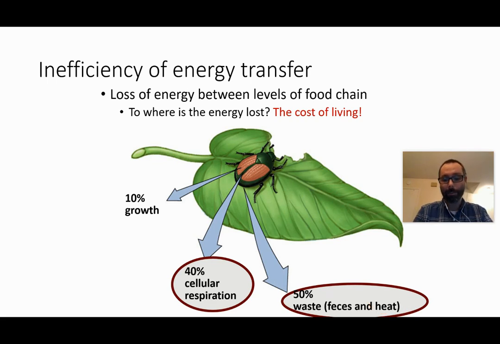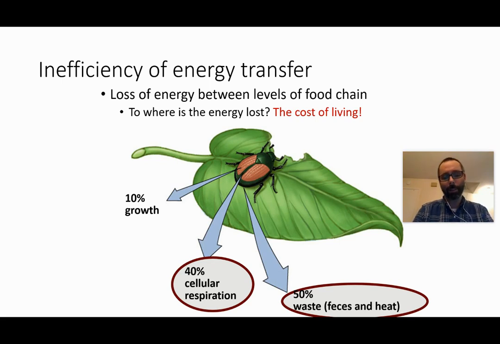And so a lot of the energy from the food you eat gets used to heat you up. And then that gets lost. Of course, reptiles and fish and amphibians, they don't lose as much heat, but they do still have some heat signature to them. And even plants have a tiny, tiny bit of heat that comes out of them all the time. So in the end, 40% used to live, 50% wasted.